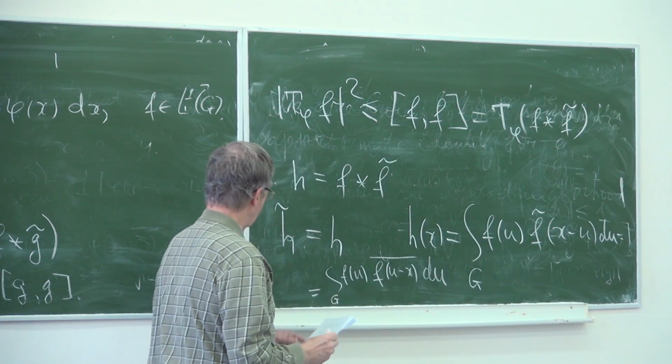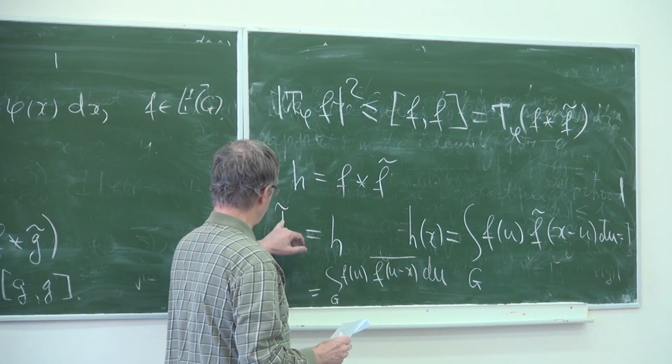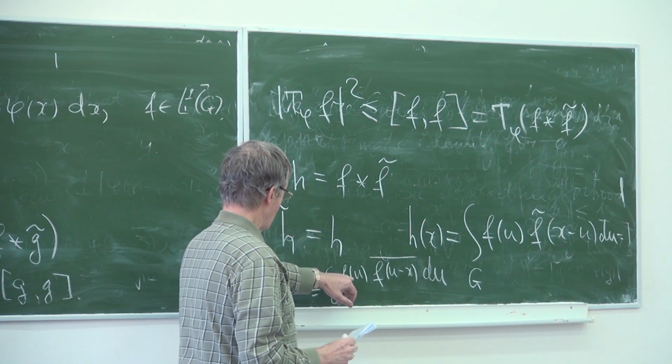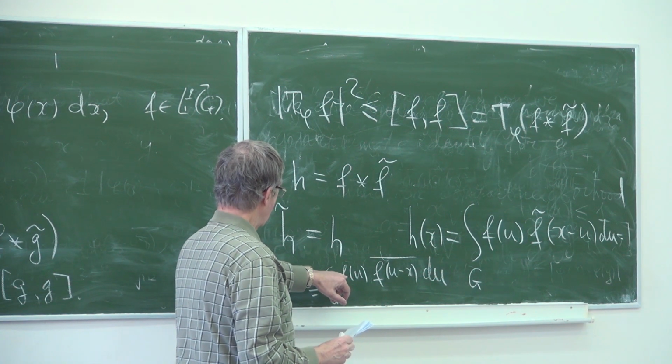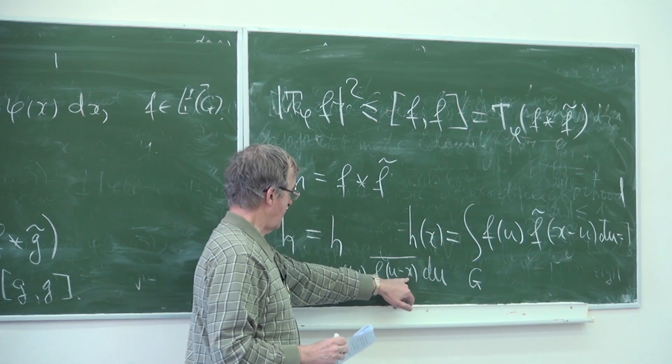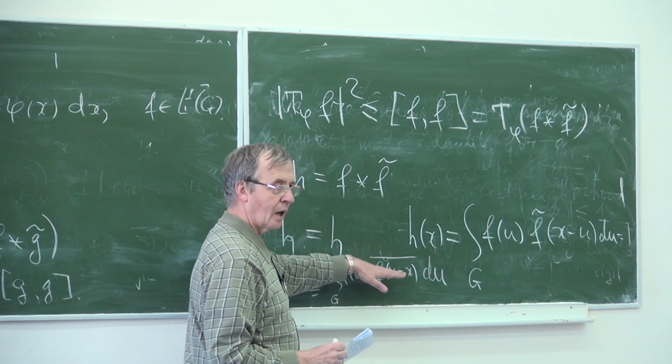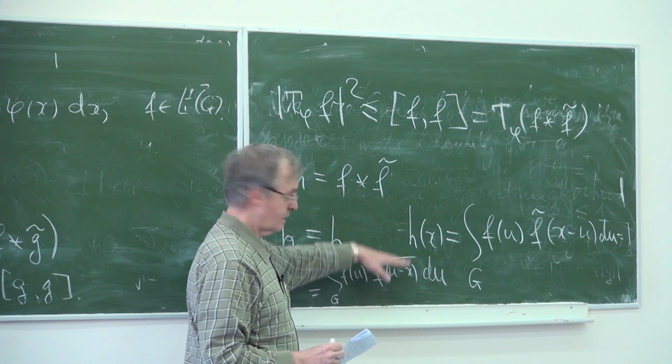Now what should I do when I put tilde here? I should replace x by minus x, so there will be plus here, and I should put bar over everything.